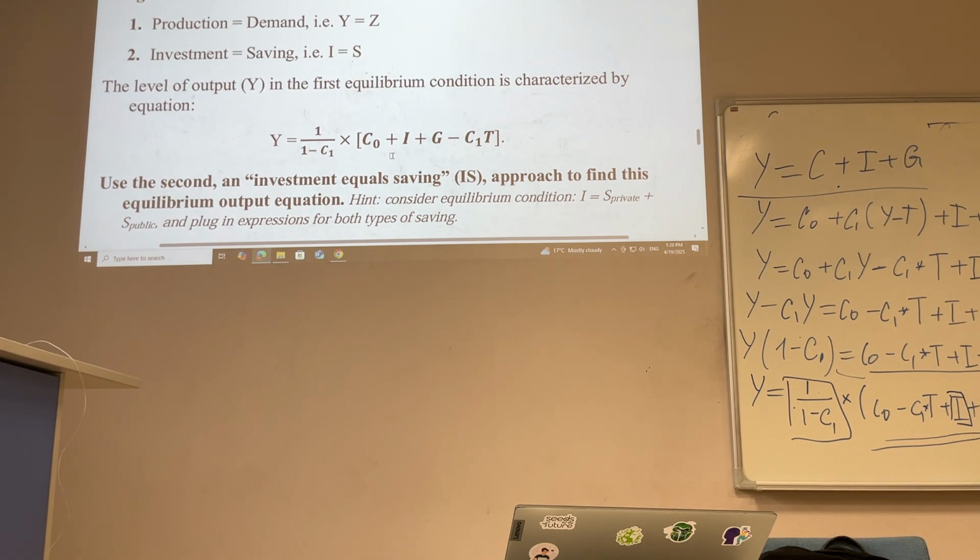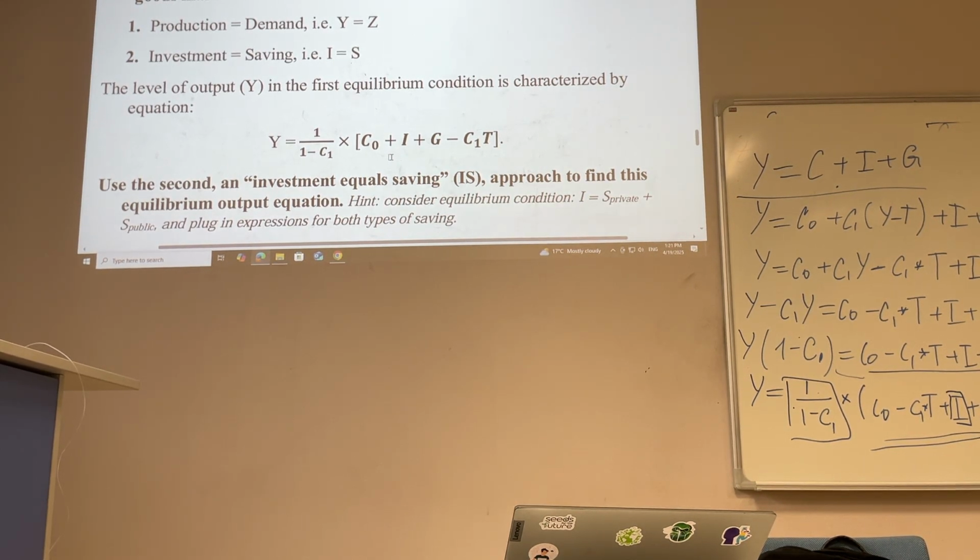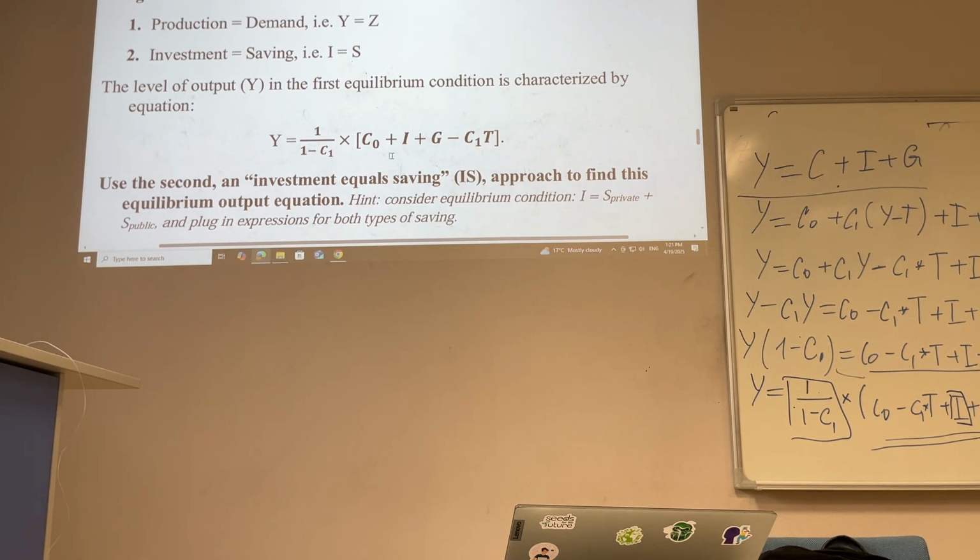Move it here, to the set, which is this minus c plus I plus g divided by 1 minus c, yeah? Which is basically this minus c1, c0, c1t plus y and plus I plus g.